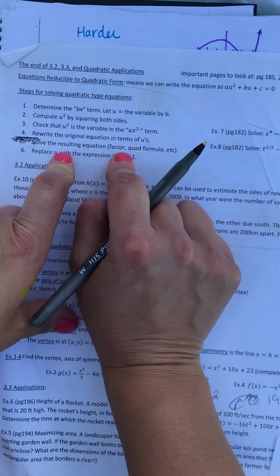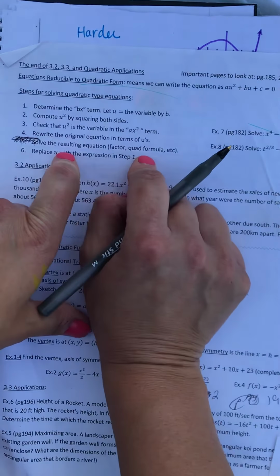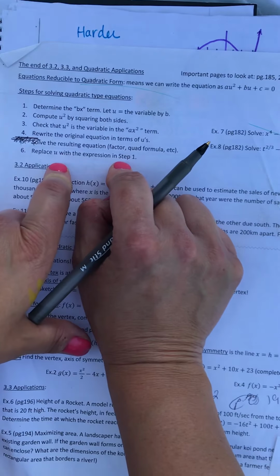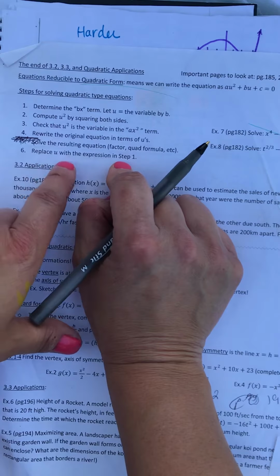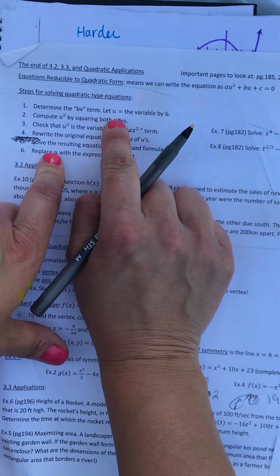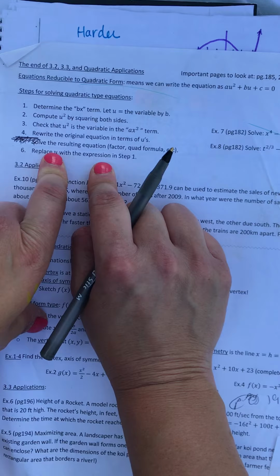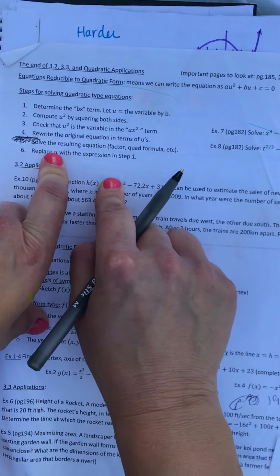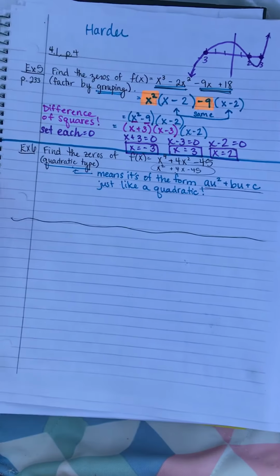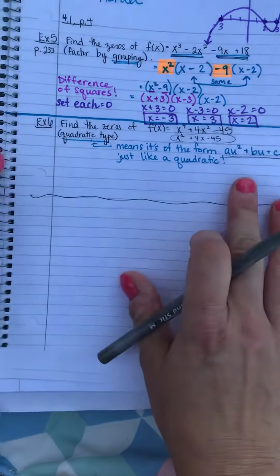Then we're going to solve that equation by either factoring, the quadratic formula, etc. And since we just solved it for u, we now need to replace u with whatever we said u was back in step 1. So you can pause this, screenshot it, download the handout, whatever you want to do. But I'm going to take this away, and we are going to solve this problem.